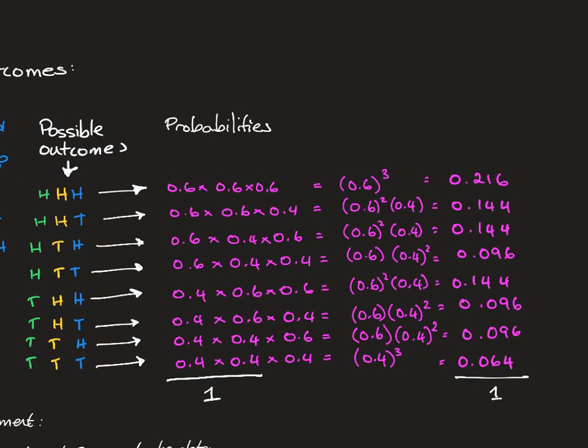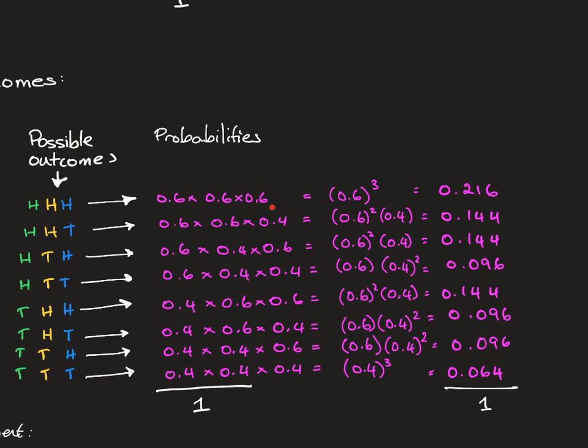Now, you can see for these probabilities here that I have simplified them using powers. We'll make use of these when we look at discrete random variables and bivariate variables, but this just makes it easier to see that what you're getting is multiple versions of the same outcome that have the same probability.